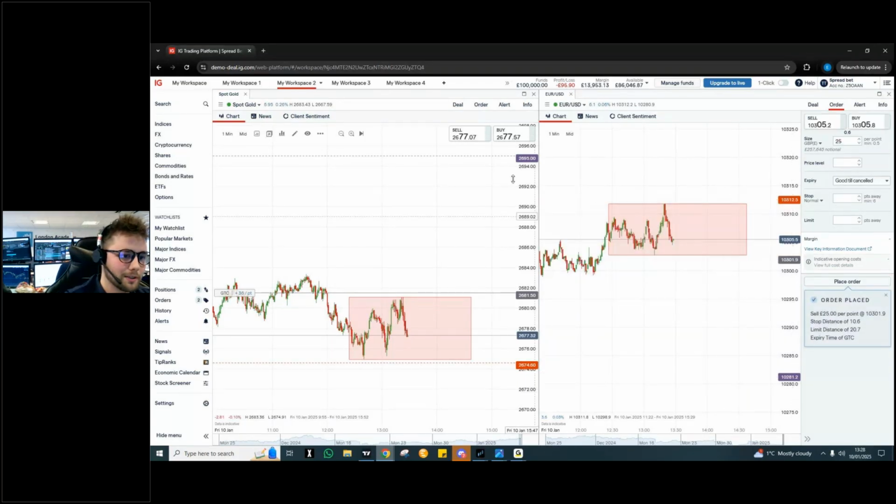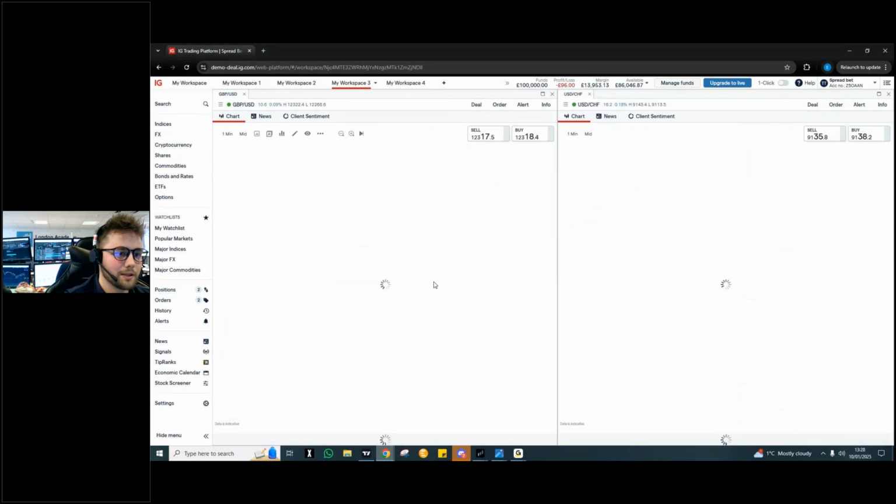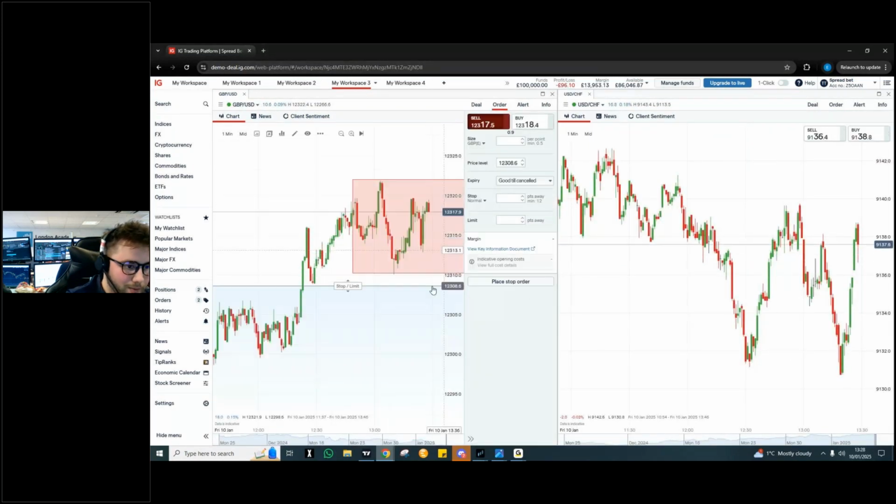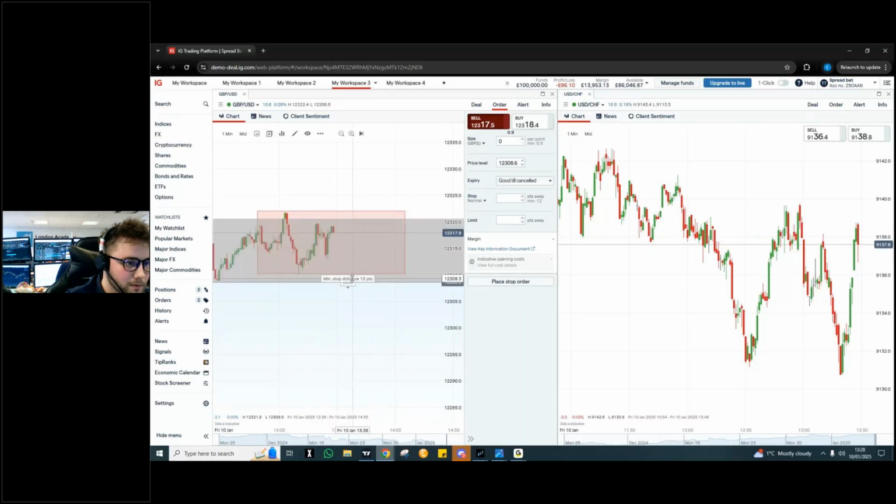I'm also going to do the one on cable, provided it's still in quite a nice range. We'll do it either side of this so we can see what it would look like normally. Stop up above there.